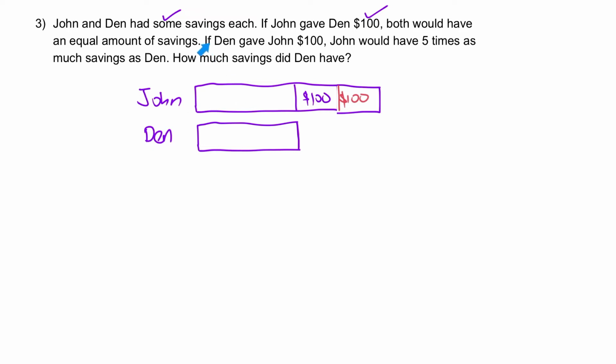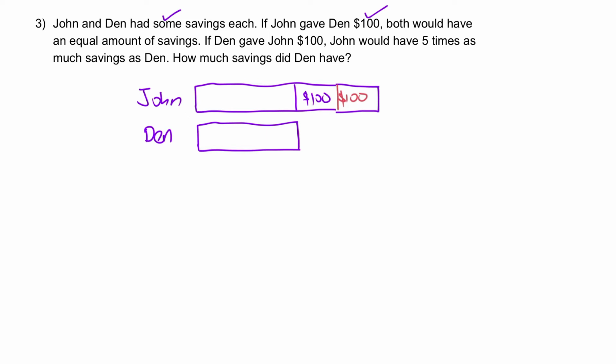In another scenario, Dan is going to give John $100 instead. John would have 5 times as much money saving as Dan. Right now, let me do this, $100 somewhere here.